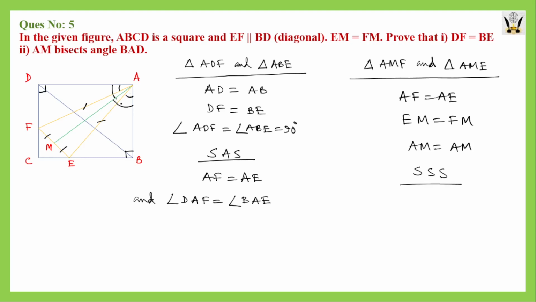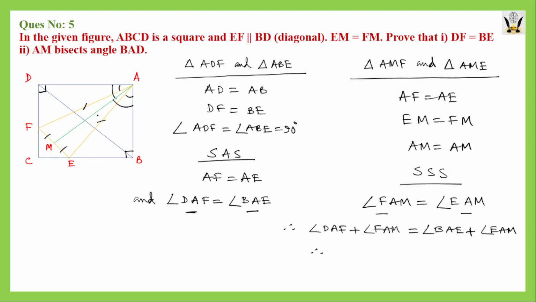So if these two triangles are congruent, then we can say that angle FAM will be equal to EAM, the remaining part of the angles that we are supposed to prove equal. So we can say that angle FAM and angle EAM are equal. And now if we add these two angles, angle DAF and angle FAM, and on the other side add angle BAE and EAM, then their summation will also be equal.